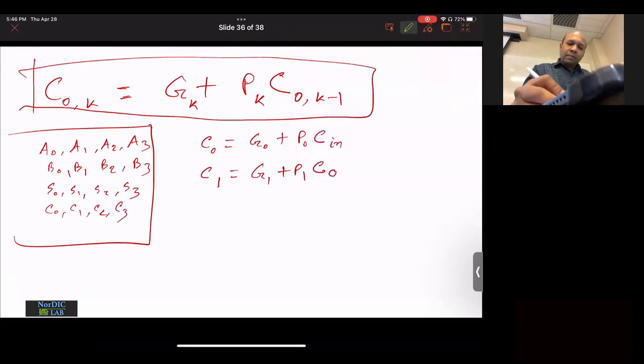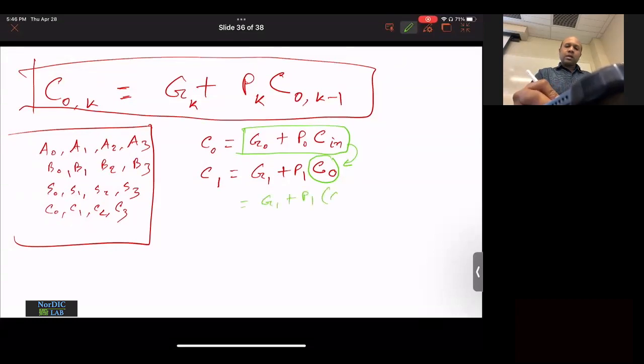Can I replace this carry out with this equation? Anyone? Can you help me do this? G1 plus P1 G0 plus P0 C in. Let's just calculate this. G1 plus P1 G0 plus P1 P0 C in. This is C1.